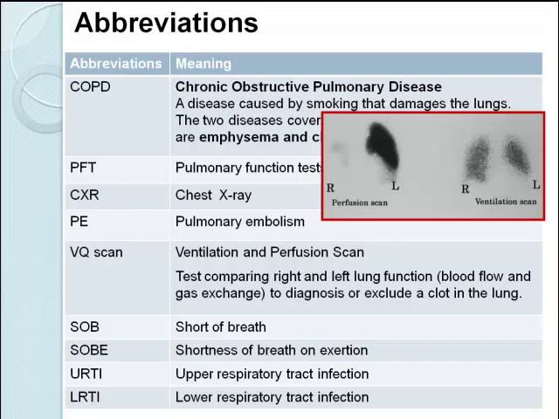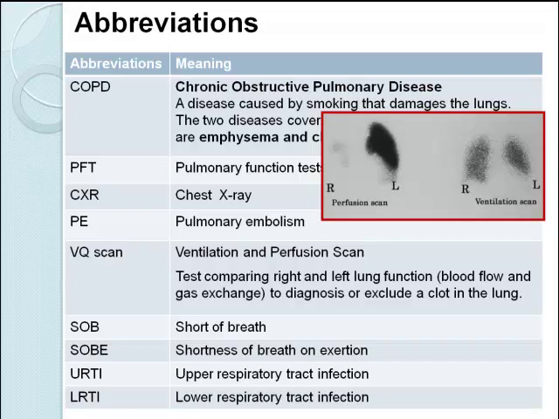And this is what a VQ scan looks like. VQ stands for ventilation and perfusion scan. So what they're looking at is how well the air passes through your lungs and how good the blood supply is. So it's a test that compares the right and the left lung function.